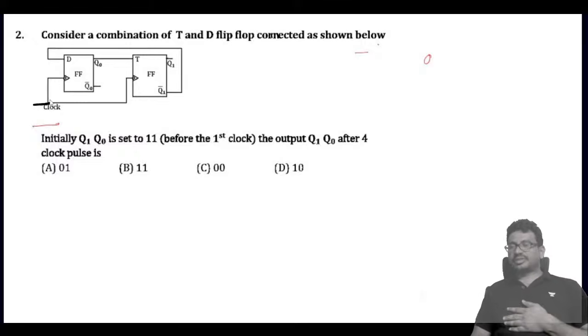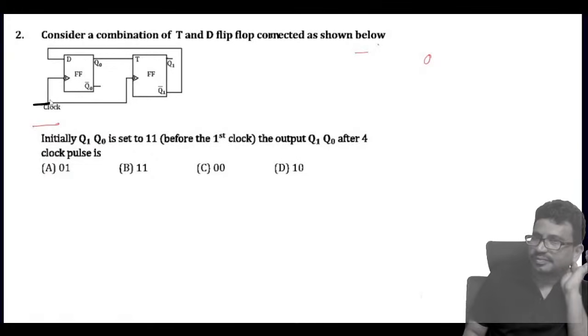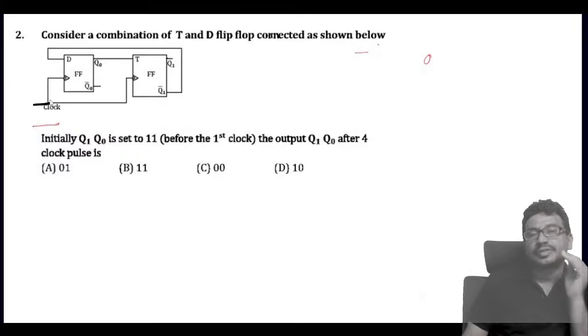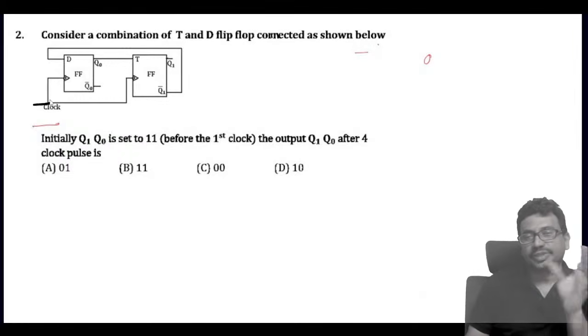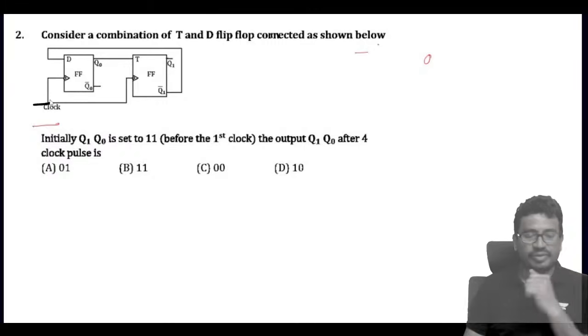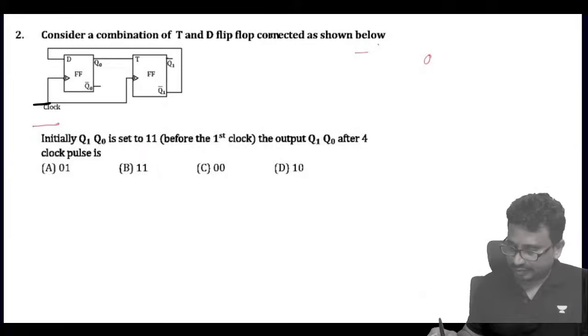Tell me, synchronous or asynchronous counter? It is the same clock, so it is a synchronous counter. They are asking what will be the value after 4 clock pulses. Now we need to form a table.